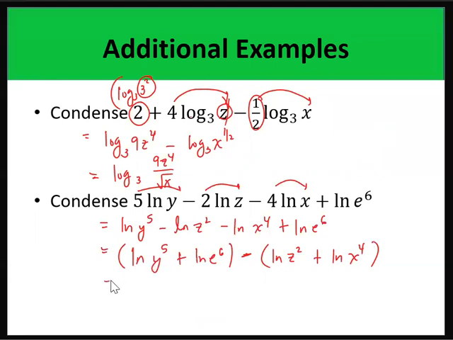So for the first grouping, combining them, we get ln of y to the fifth times e to the sixth. And then for the second grouping, we combine them as ln of z squared times x to the fourth. And then using law number 2, we get ln of y to the fifth times e to the sixth over z squared times x to the fourth.